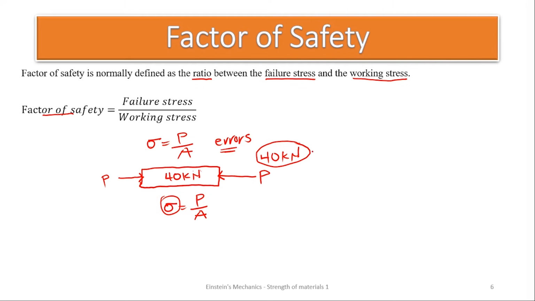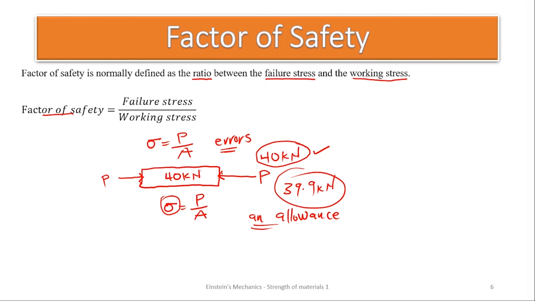I will calculate maybe 40, but in actual sense, the force to fail this material will be 39.9. In this sense, I'm going to lose everything I'm going to build. Very good. Therefore, a factor of safety, which in normal language is an allowance, has to be made, or we have to leave an allowance in this material such that any force that I will apply will not fail.